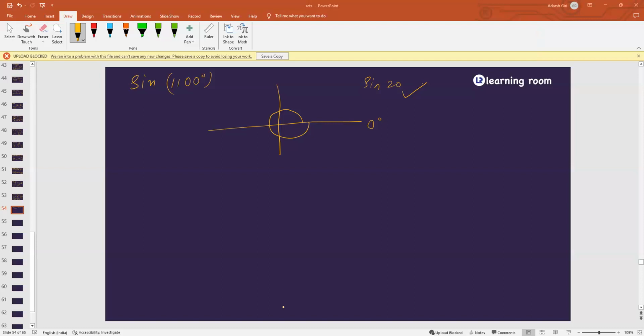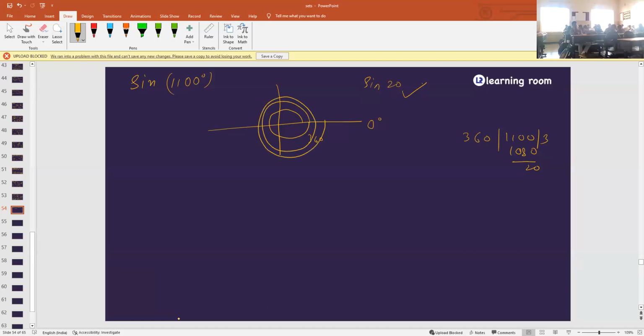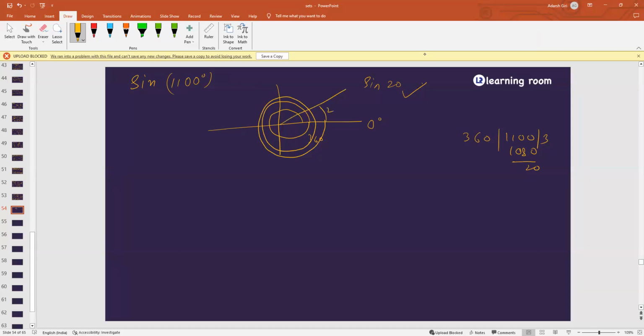Okay, so we took one curve, so it is 360 degrees here. So we still are not there. What we'll do, we'll divide it by 360. I think it will go 3 times. So it is 20. So we have to take 3 turns, and 20 degrees more to come to 1100 degrees.